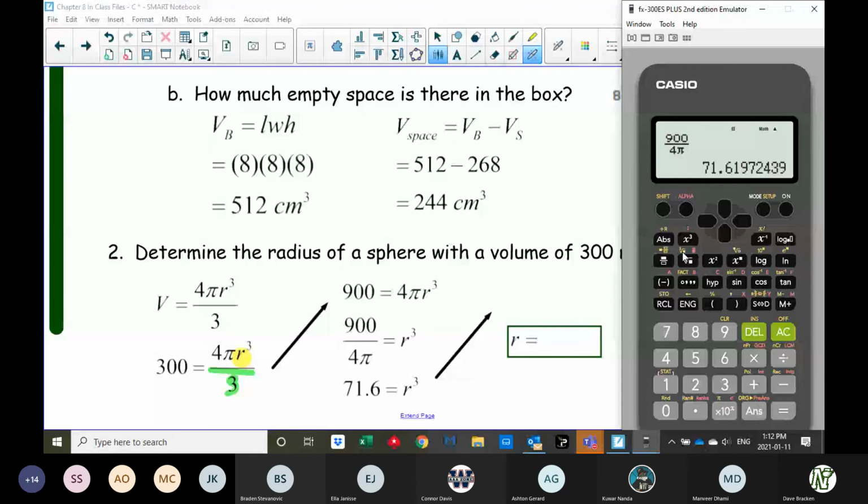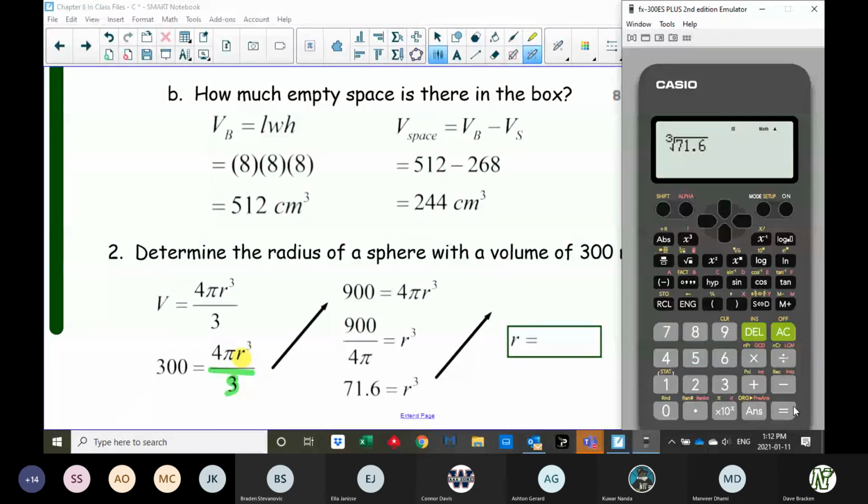So if we clear our memory and go shift and the square root key, do you see the little 3 sitting in front of the square root key? This is now a cube root, not a square root. Something new for you guys. And I want to know, what is the cube root of 71.6? What number multiplied by itself 3 times gives you 71.6?